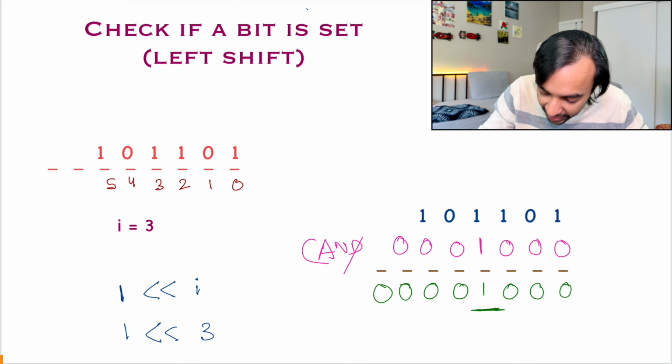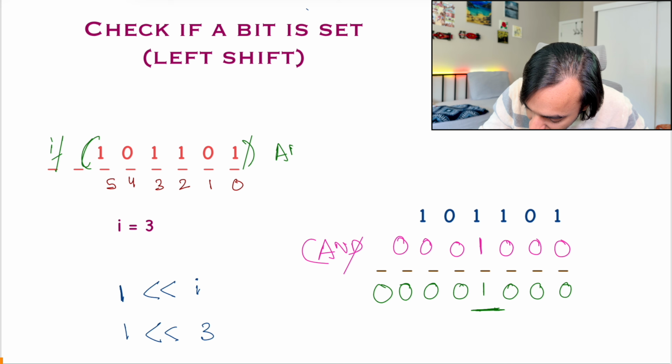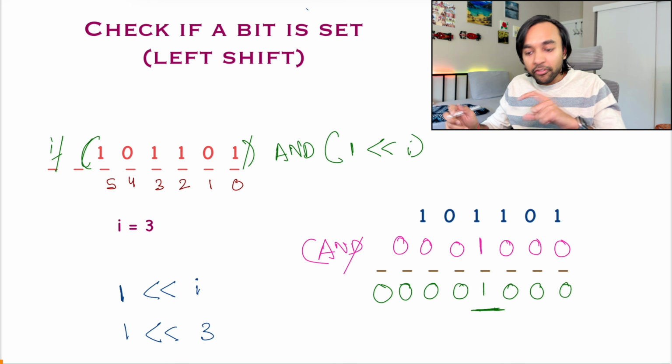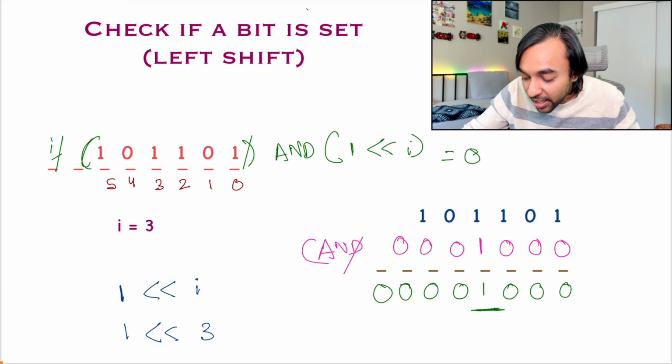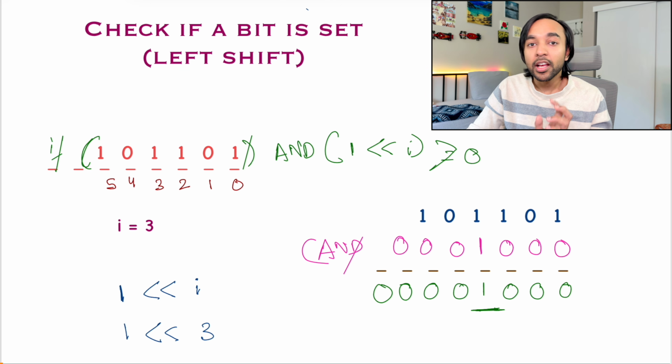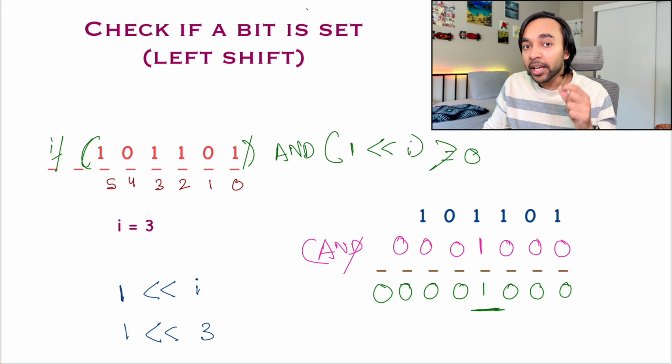So basically what I'm saying is, if this particular number AND 1 left shift of I is equal to 0, then my bit was not set. If this number is greater than 0, then my bit was set. So, using the left shift operator, I was able to determine if my bit was set or not.